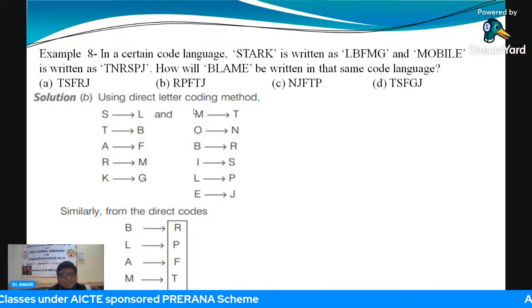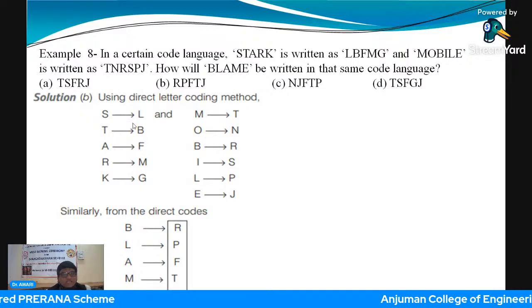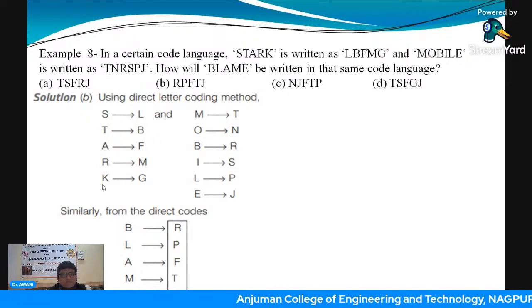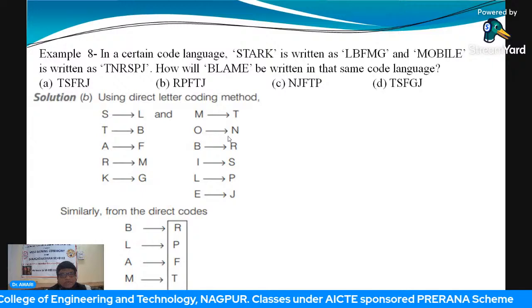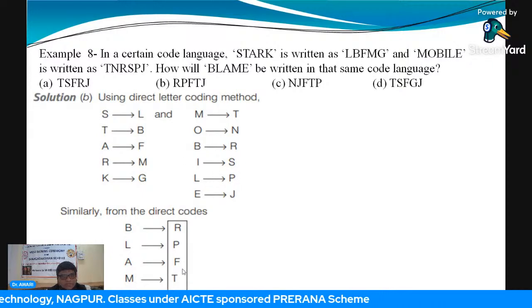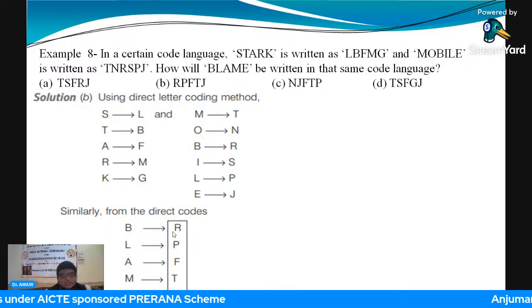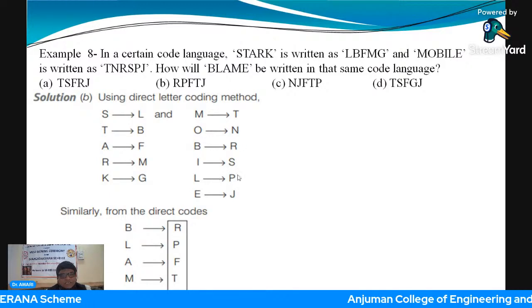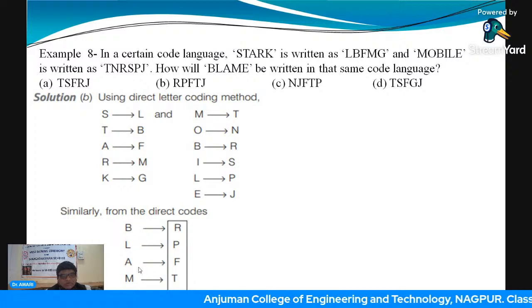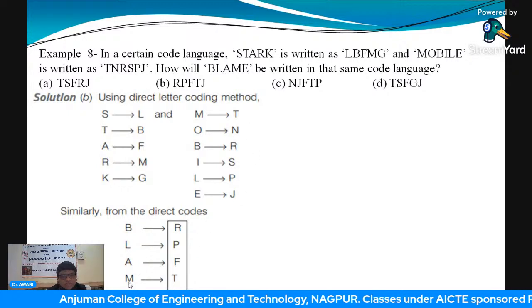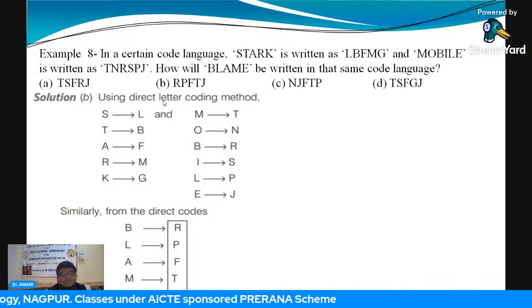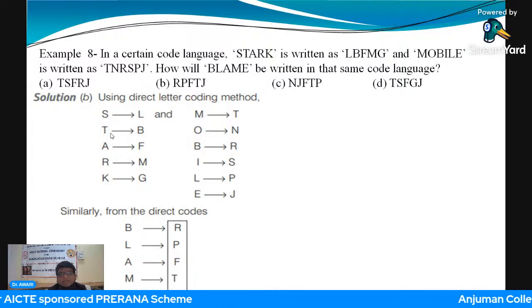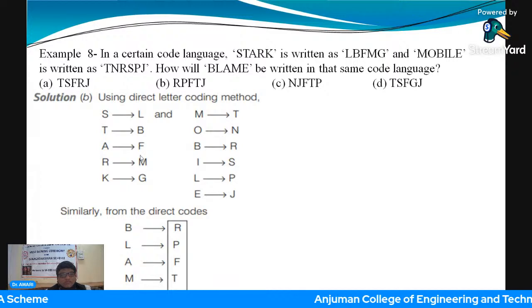So using the direct letter coding method, S is replaced by L, T is replaced by B, A is replaced by F, R is replaced by M, and K is replaced by G.